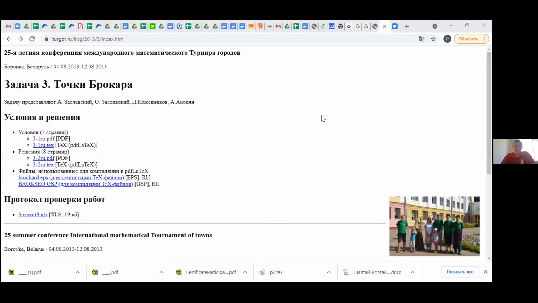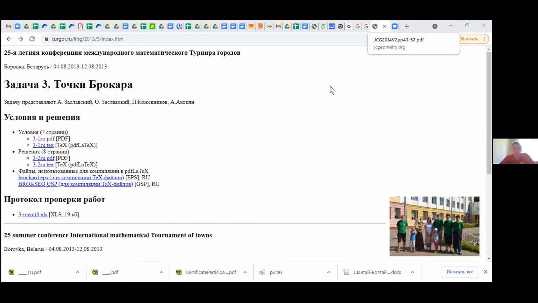This is a page of a summer conference in 2013, and mostly the whole project was devoted to Brocard points and some generalizations, like the Brocard ellipse inscribed in the circle, tangent twice to a circle.